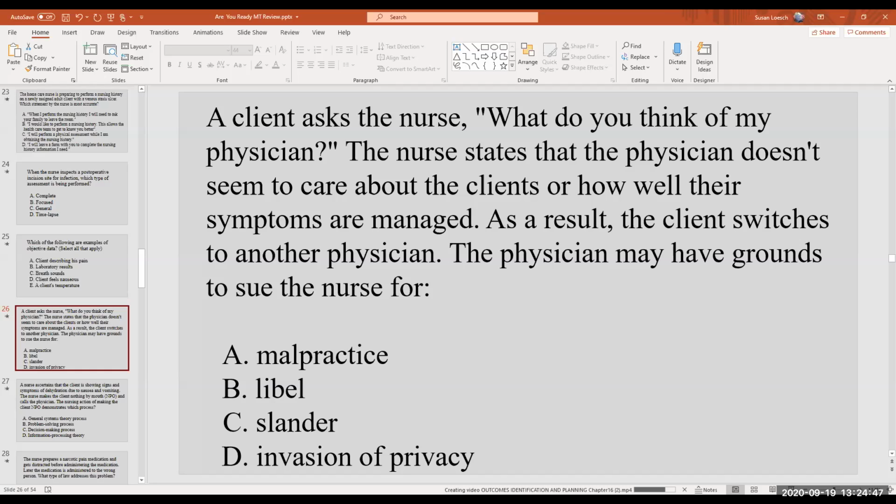Who knows? Leave a sponge in. Wrongdoing. The act of negligence as applied to a profession. So a physician, a nurse, or a dentist, you do something that you shouldn't have done.